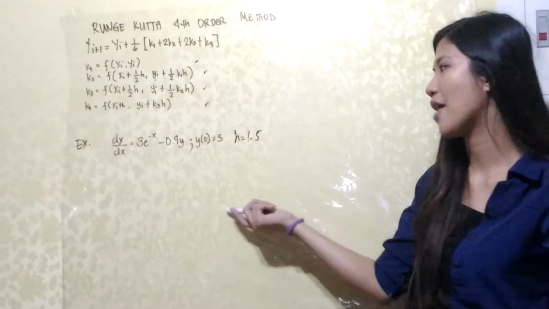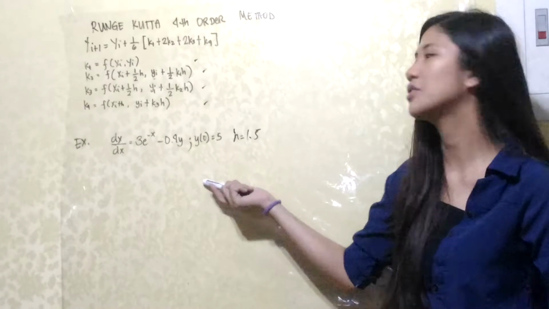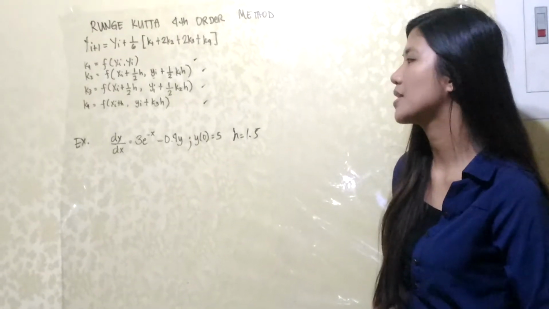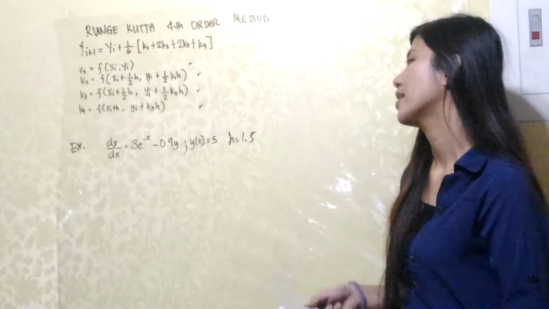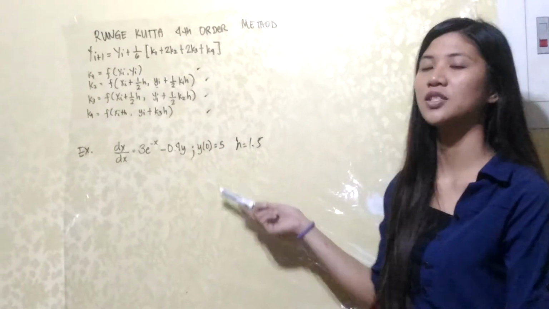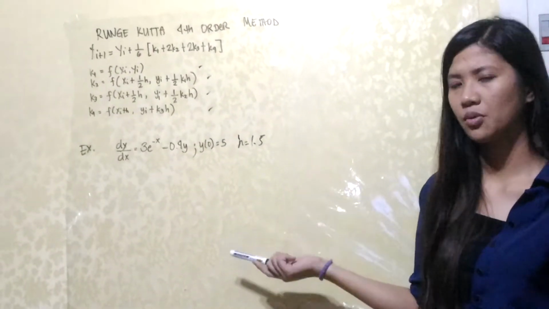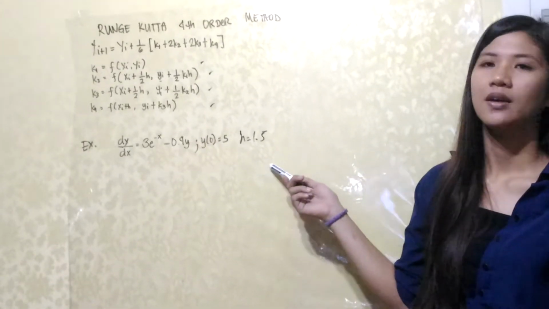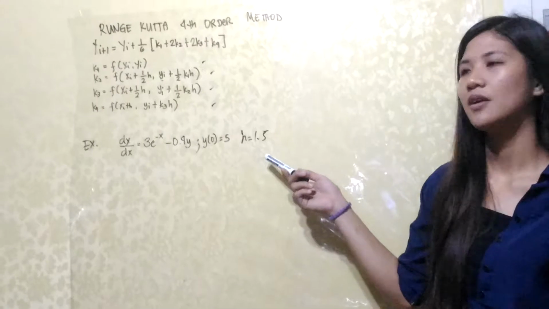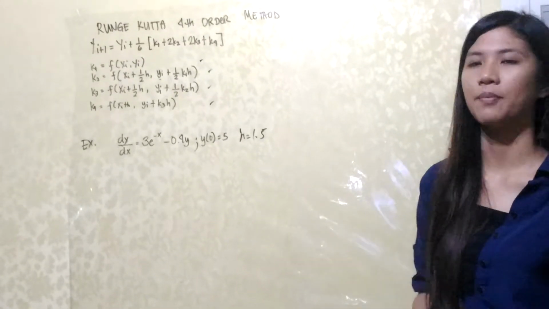So here we have a differential equation: 3e to the negative x minus 0.4y. Given an initial condition such that for x equals 0, y would be 5, and our step increase h is equal to 1.5.